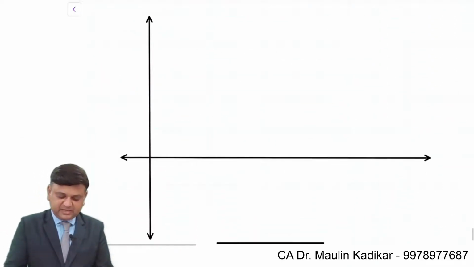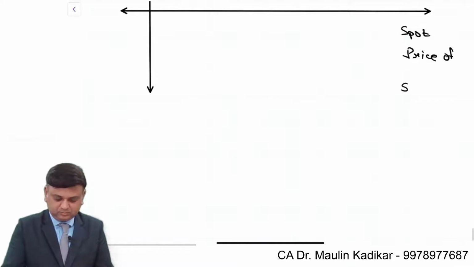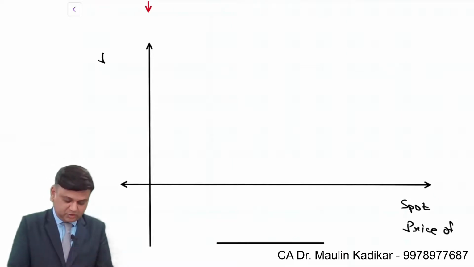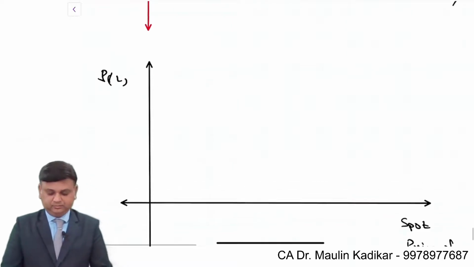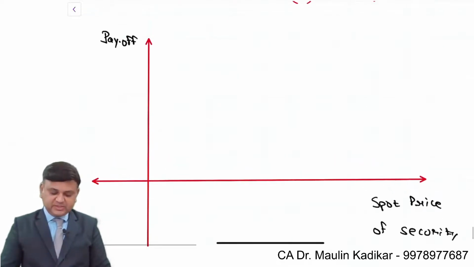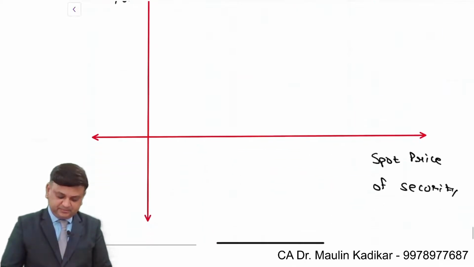So in the next diagram we will have on the x-axis again the spot price of the security, and on the y-axis we will have the profit or loss. As far as the payoff diagram is concerned, friends, we understand that it will be like this.